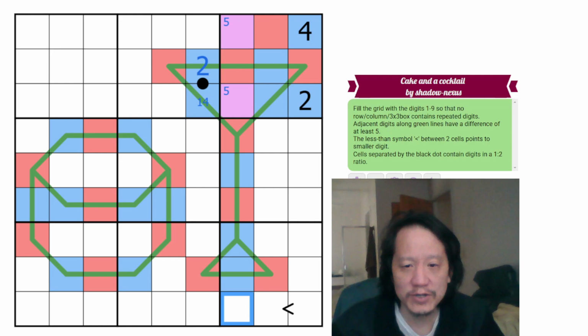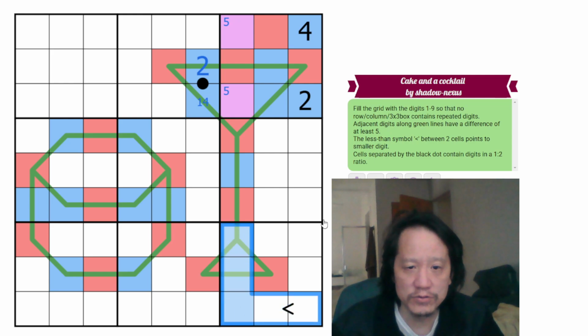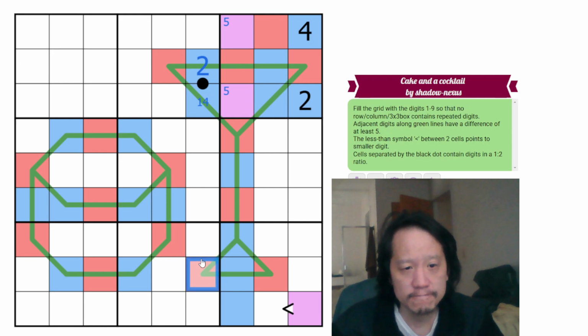That means the last one has to be low. Therefore, this can never be low. If this was low, this would also have to be low, and we would have 5 lows, which are 1 through 4, in box 9, which is not possible because the lows only account for 1 through 4. So this is also 5 or high. These are also 5 or high.